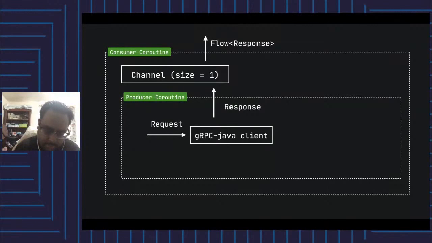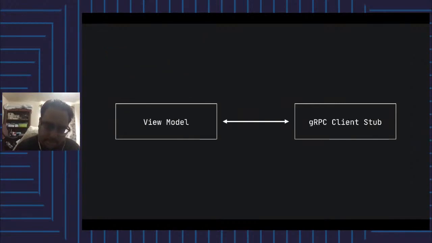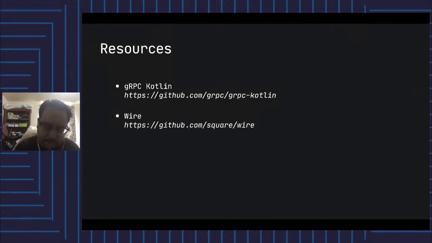So what you're exposed to on your end is a flow of responses. This is the overall setup of the library, and how it uses coroutines to make any type of request in any type of RPC call. So that's how you interact using your view model with the client stub and how it works under the hood.